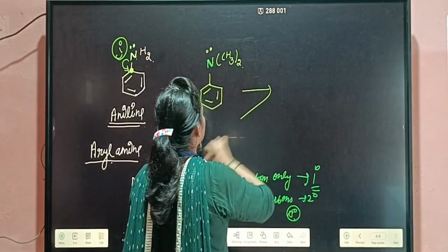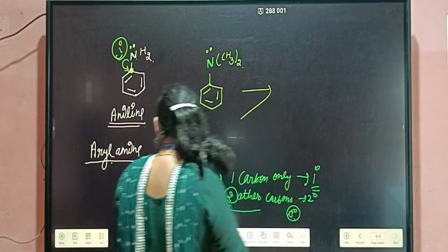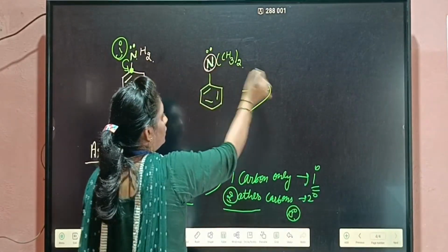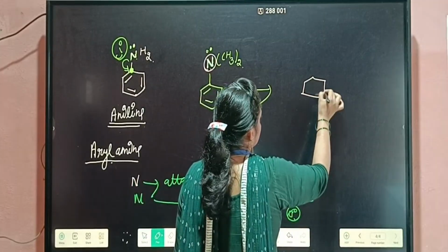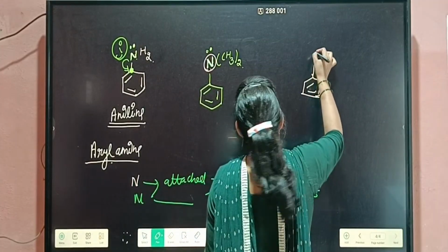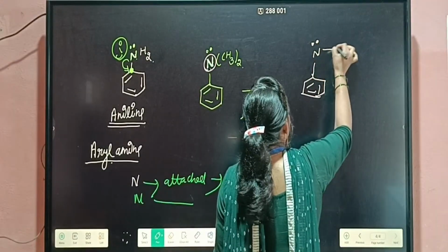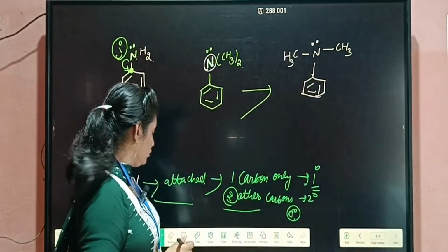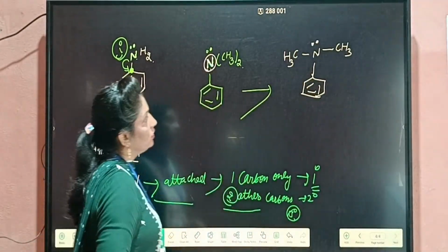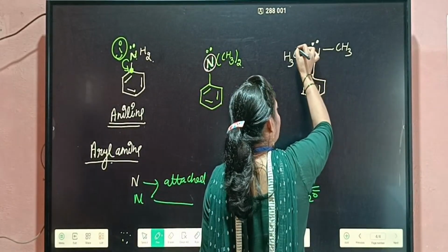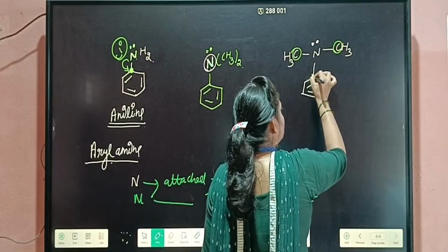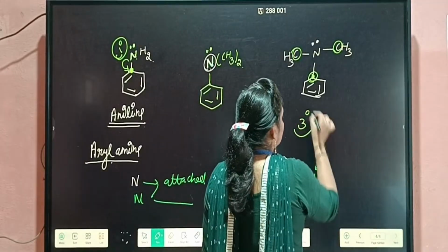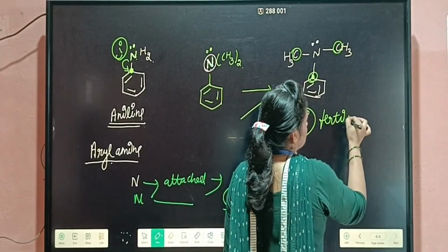So students, let's see. Here is nitrogen, you can write it like this: this nitrogen with CH3 twice. So this nitrogen is forming bonds with one carbon, two carbons, and this one, three carbons. So it is tertiary.